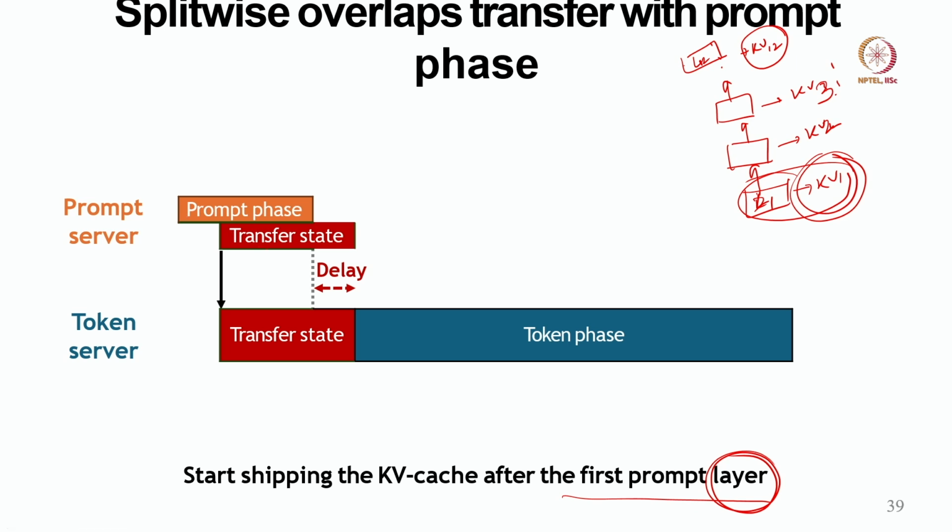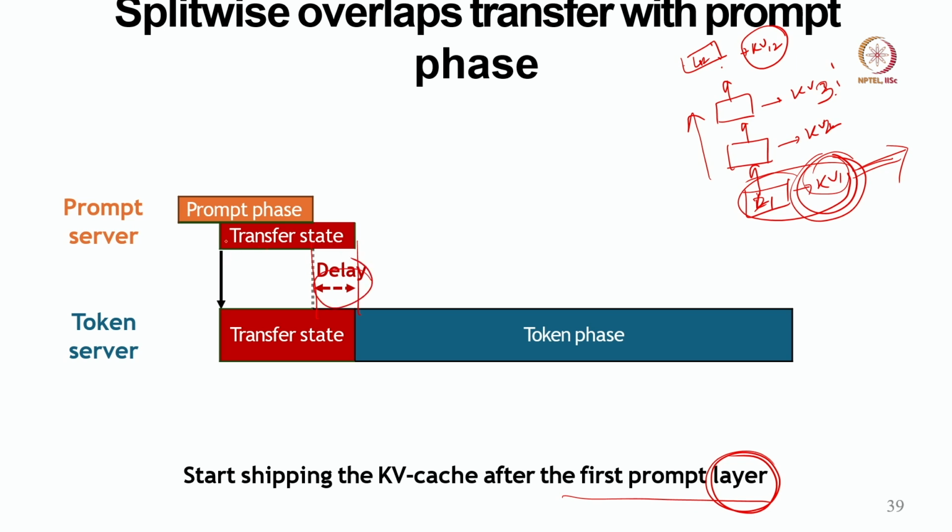Whenever the KV cache of the first layer is getting shipped to the token server, at the same time the computation of the other layers can happen, right. So, we can overlap the prompt phase and the transfer state. At the end, the delay is very small, right, we are reducing the delay.